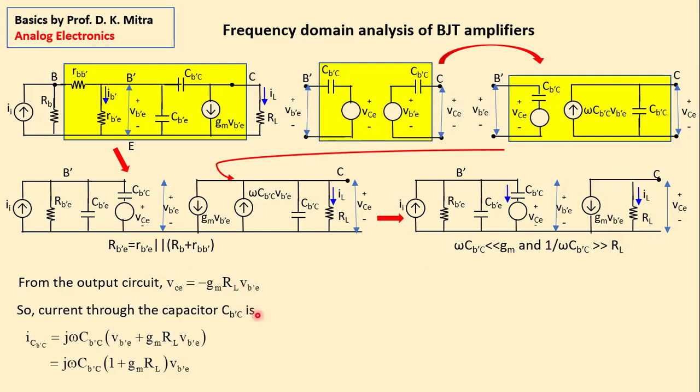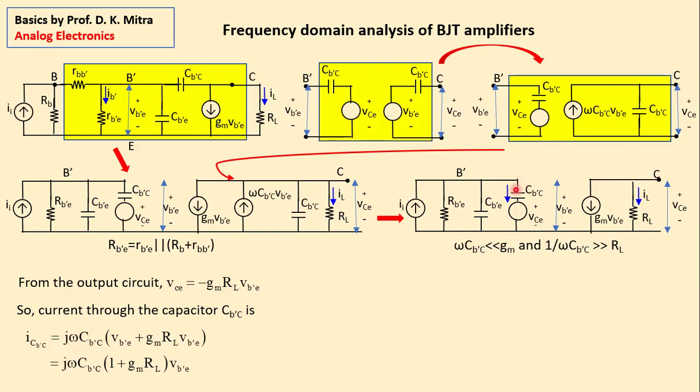Next, in that case, what is the current through this capacitor? This current, this blue arrow that I am showing, because the current through this capacitor is supplied by this source VCE, whose value I have got here, right? So what is the current through this capacitor? This current is called current I CB'C.